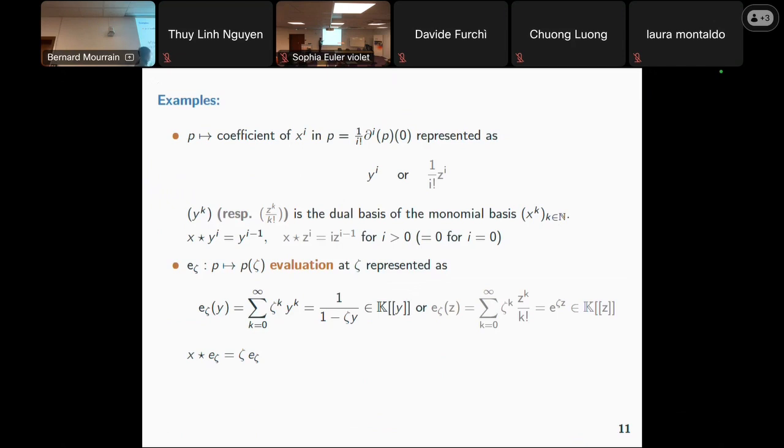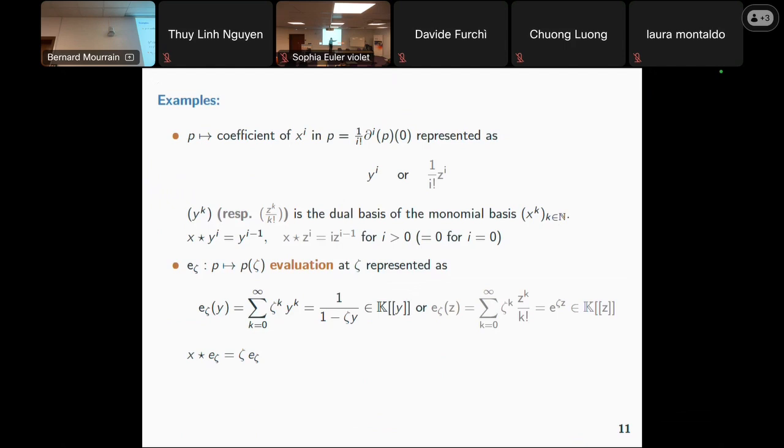Now, more interesting, when we look at the evaluation at zeta. By definition, the series associated to this linear functional is the sum of the value at the monomial times the monomial y^k. So it is zeta^k y^k, and we recognize the expansion of 1 over 1 minus zeta y in this ring. We do the same with the variable z. So we have zeta^k over k factorial.